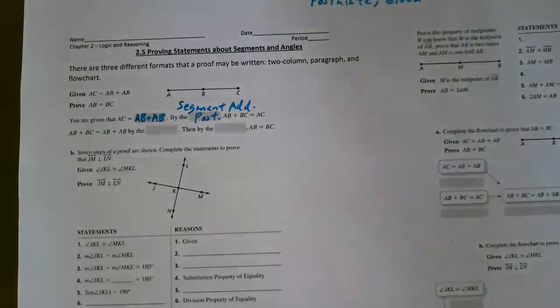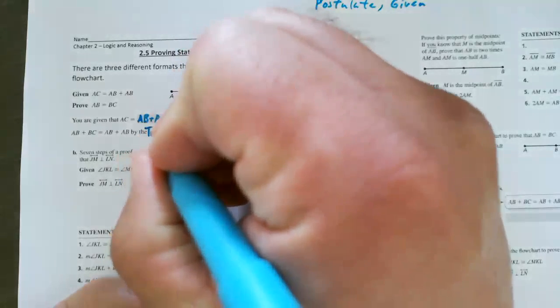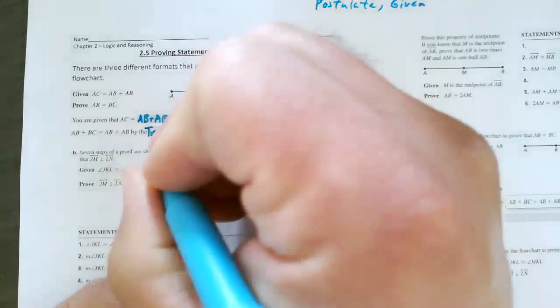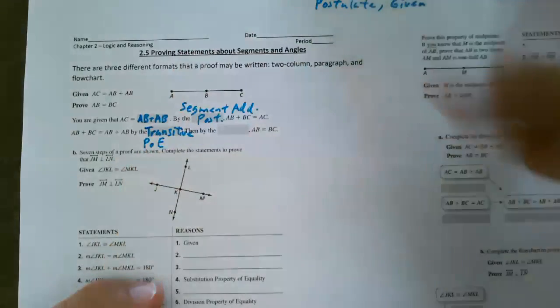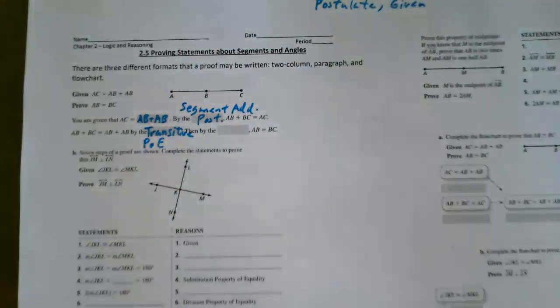So that is our transitive property of equality. So when we have 2 equations set equal to the same value, then they must be equal to each other. Again, that's transitive.